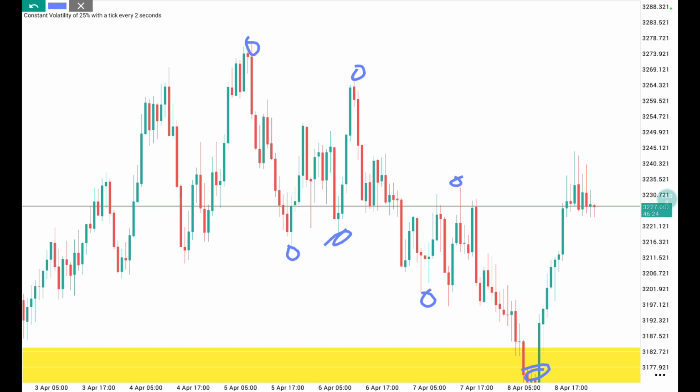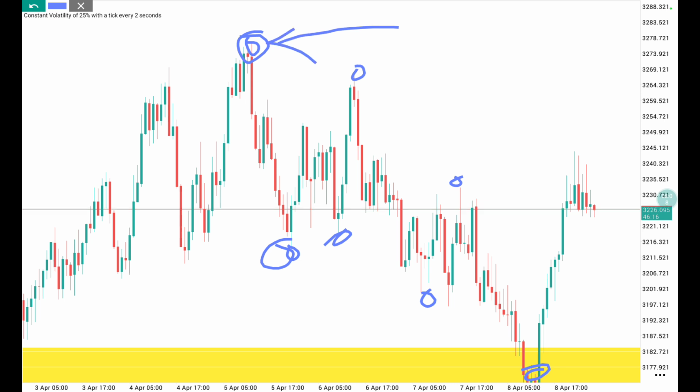In the terminology of smart money, this is a supply zone and a demand zone. At a supply zone, bears overcome bulls, so the market goes down. At a demand zone, bulls overcome bears, so the market goes up.